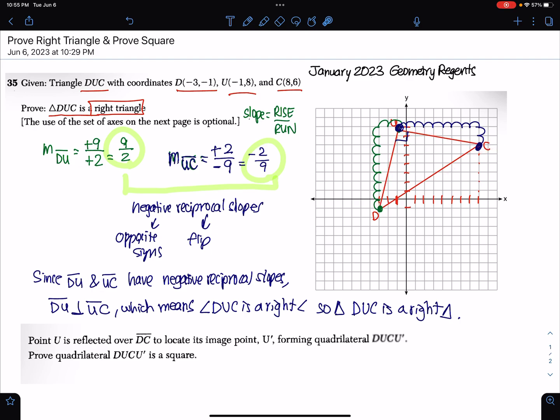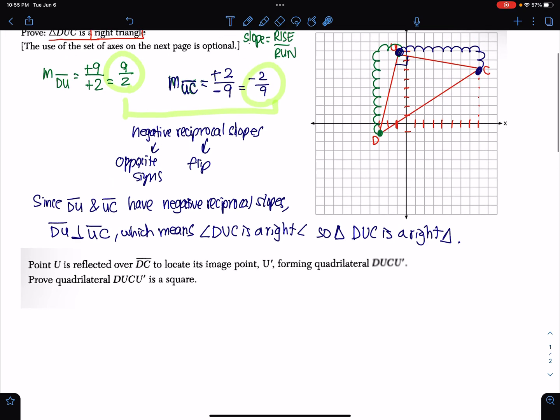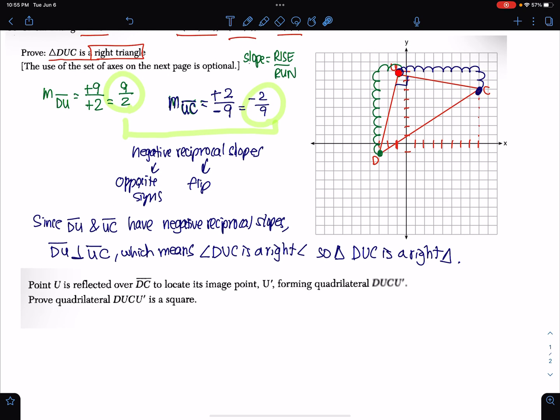Now the second part to this question, here it says point U is reflected over the line segment DC. So that means point U is going to end up somewhere here, forming image point U prime and forming quadrilateral DUCU prime, which is somewhere over here.